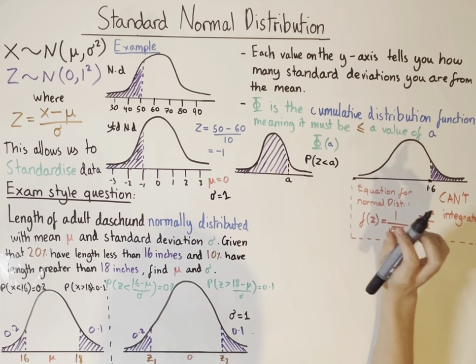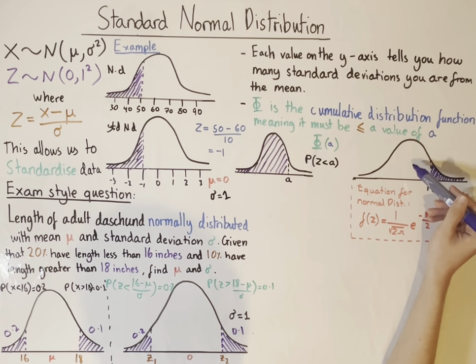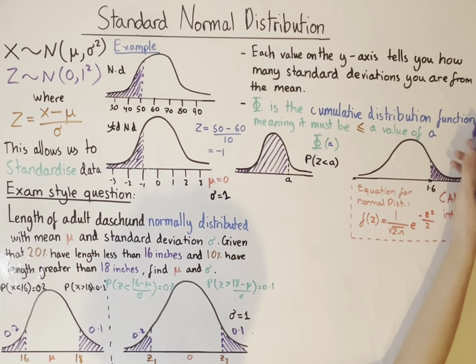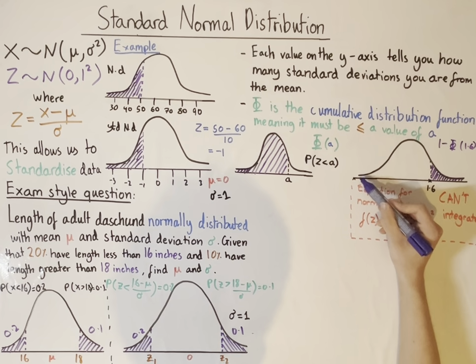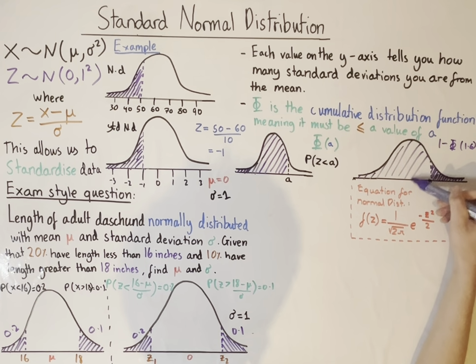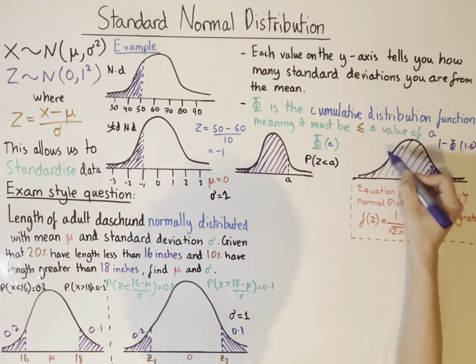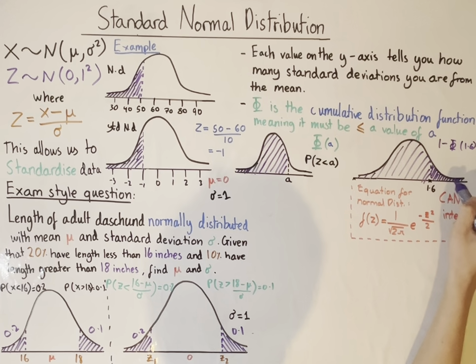So there are two ways we can go about finding the area for this graph. Either we could do 1 minus phi of 1.6, so that this is phi of 1.6, and if we do 1 minus that, we get the area here.